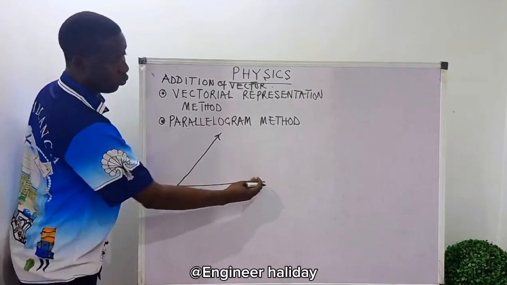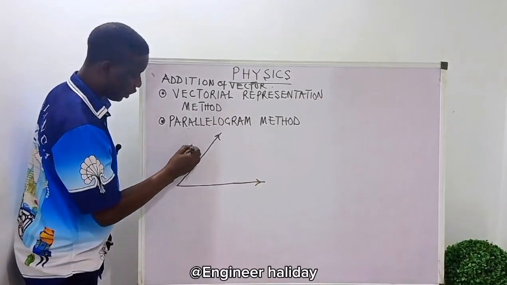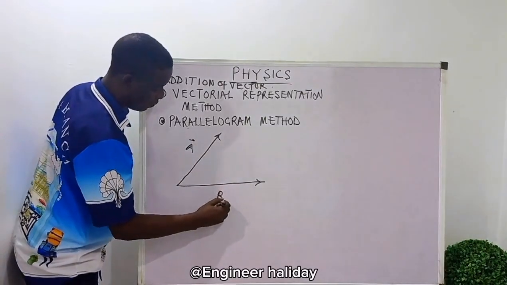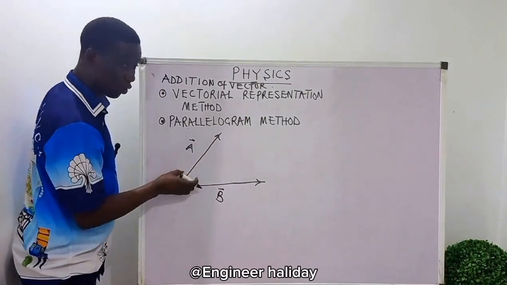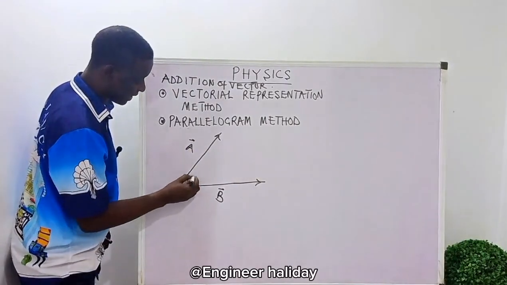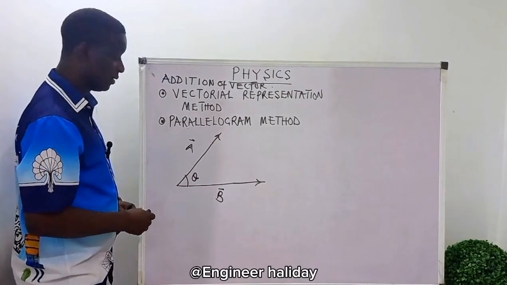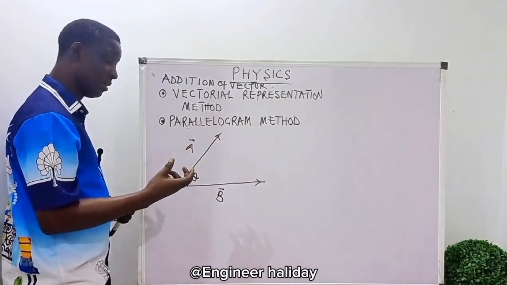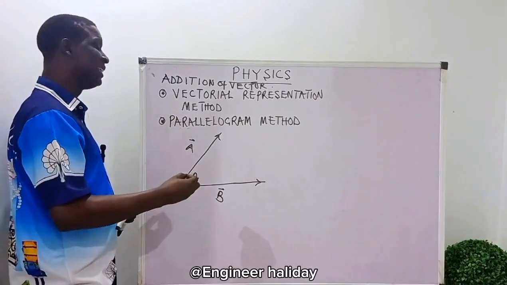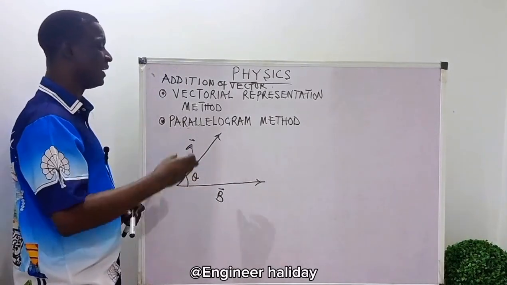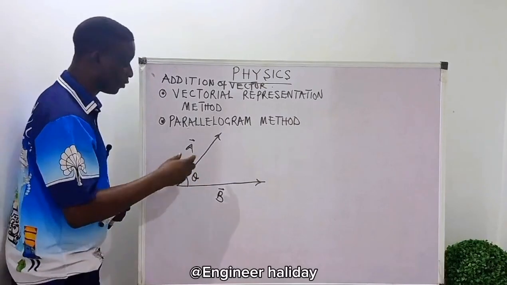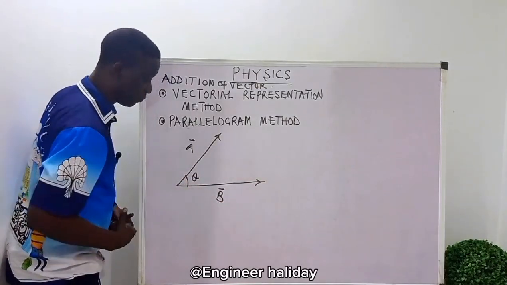These are the two vectors, let's say vector A and vector B, inclined at an angle theta. These are two adjacent sides of the parallelogram.